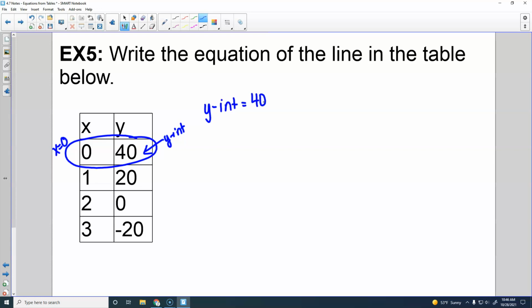Okay? What is our slope here? Who thinks they know the slope? Katie? It is negative 20. Because we are going down 20, since this is decreasing, it's got to be negative. And then our x values are going up by 1 each time. So my slope is negative 20 over 1, but of course that's just negative 20.